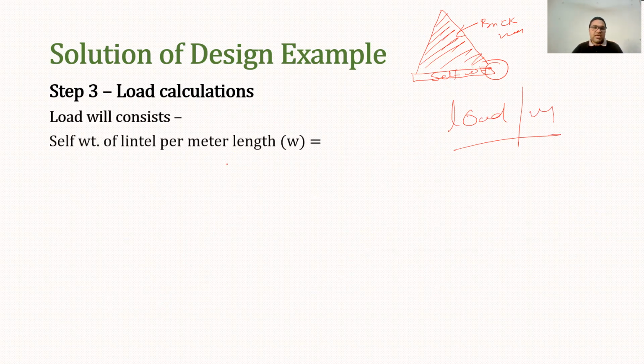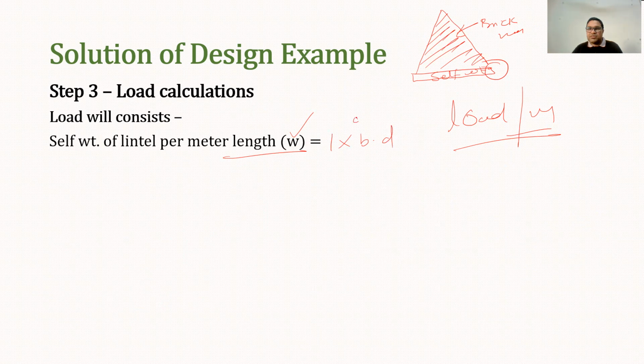One is self-weight of lintel per meter length, and we are expressing that load as small w. And we will express this load as load per meter length. So in this case, self-weight of lintel can be calculated as volume into density. So volume of this lintel per meter length will be length is 1 meter into B into D.